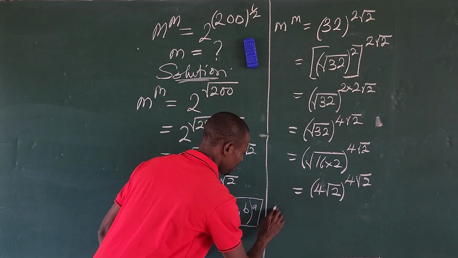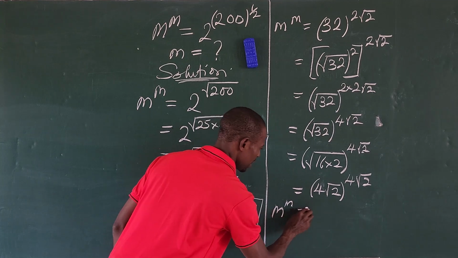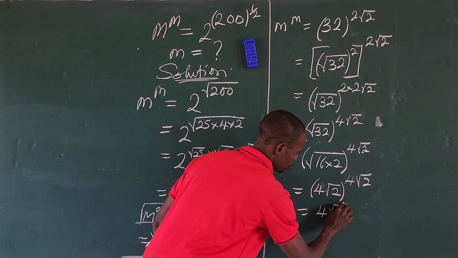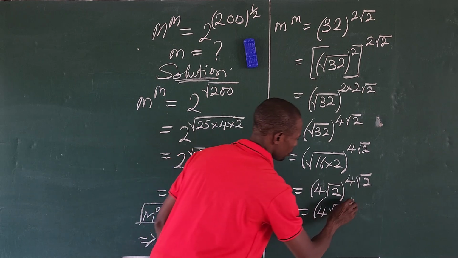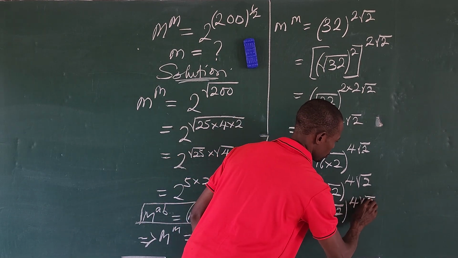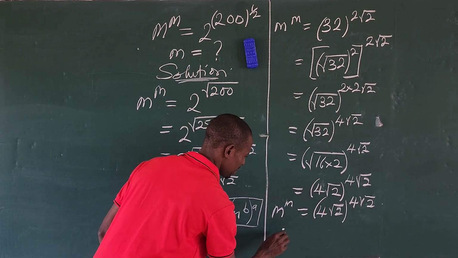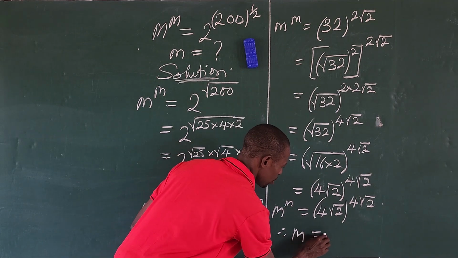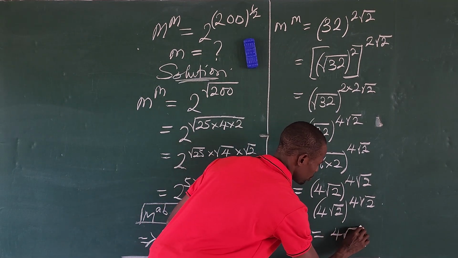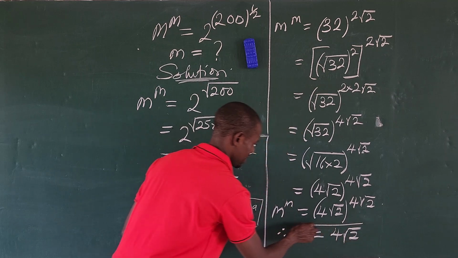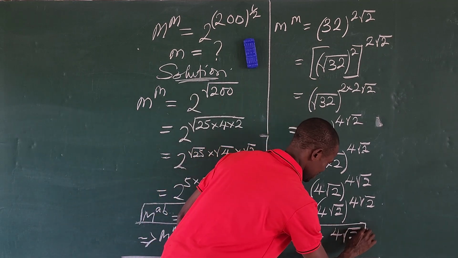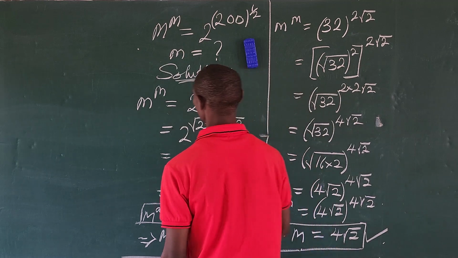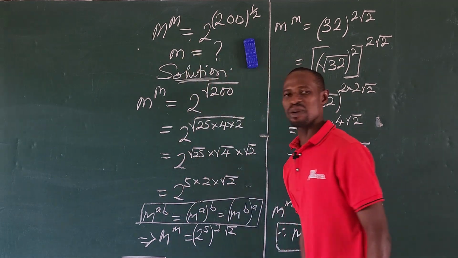Here we now have m to the power of m equals 4 root 2, all raised to 4 root 2. So by comparison, m is equal to 4 root 2. Okay, so this is the value of m that satisfies this original equation.